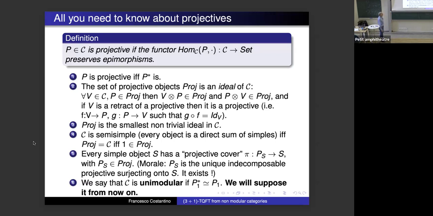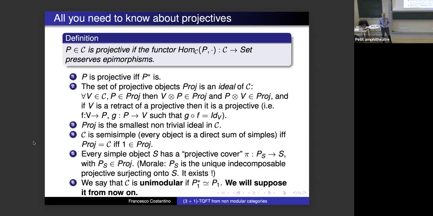What I will use instead are some basic properties of projectives: if P is projective in a category like the ones we're considering today, its dual is projective. And most importantly, the set of projective objects forms an ideal. So what is an ideal? It's a subset of your category such that whenever you tensor an object in that ideal, P, a projective, with any V in C, you still get a projective.